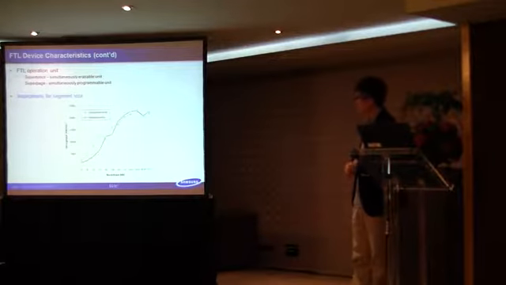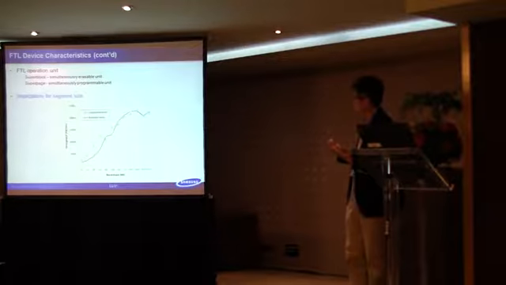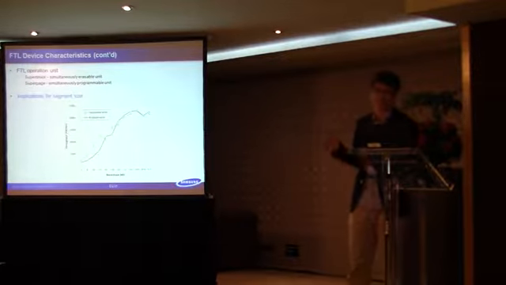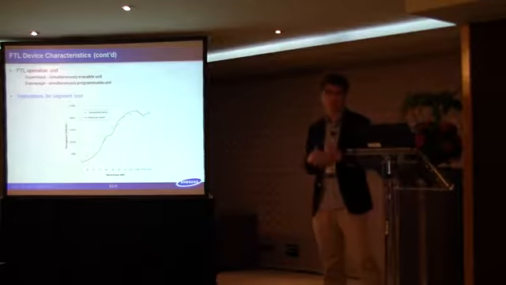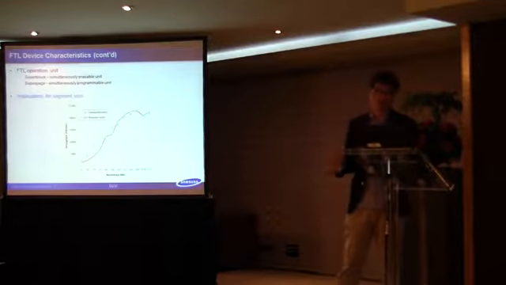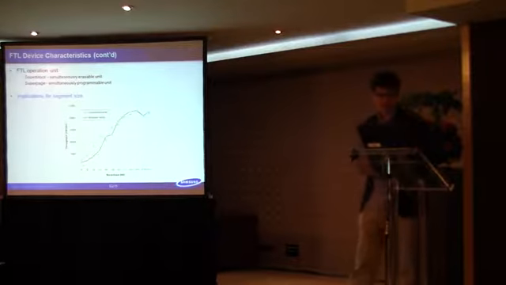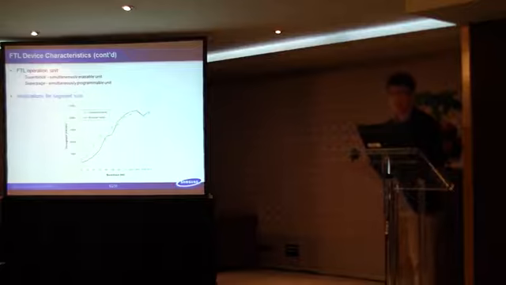But we have the problem of cleaning cost, because if we have a large segment, we have a very large cleaning cost in the file system again. So that's the trade-off.